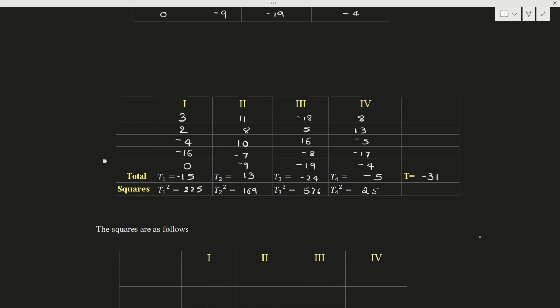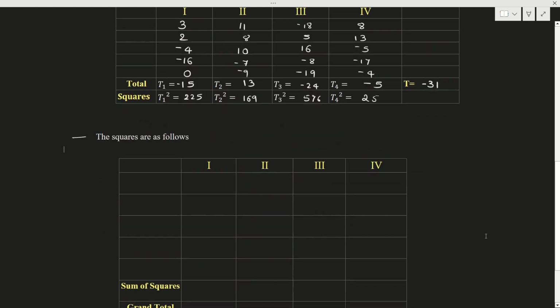Once you are done with this, the next step is to find the squares, that is, we have to square all the observations of each column. For the first column: 3 square is 9, 2 square is 4, minus 4 square is 16, minus 16 square is 256, and 0 square is 0.